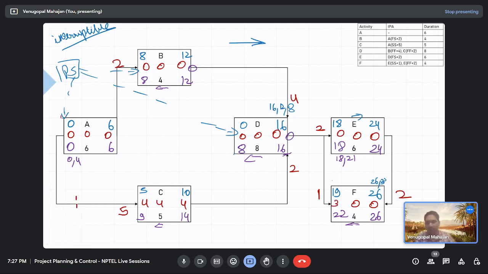So if you have to draw the critical path, what would it be? Start of activity A, then activity A going to activity B, completely critical. You guys have not helped me in this case.